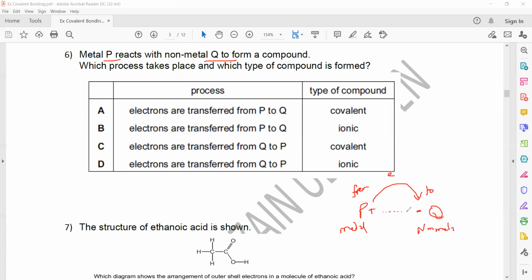The attraction between the positive and negative ions is known as an ionic bond. So electrons transfer from P to Q and the bond will be ionic.